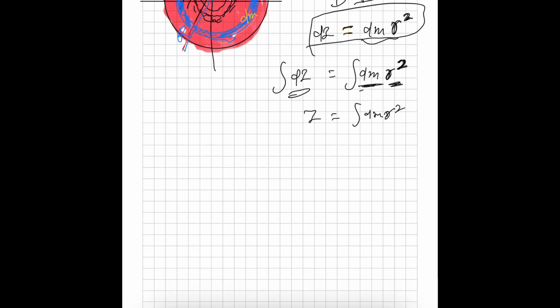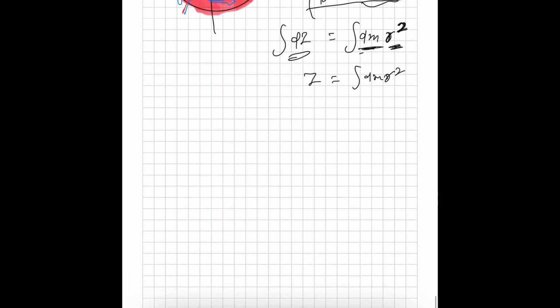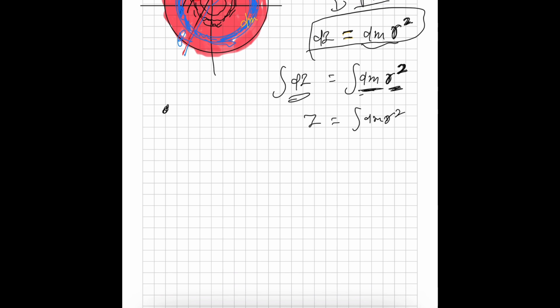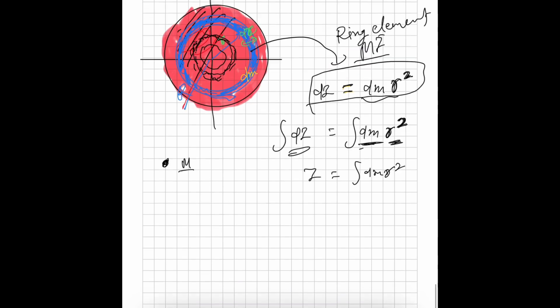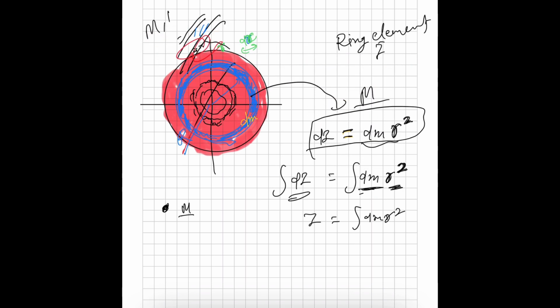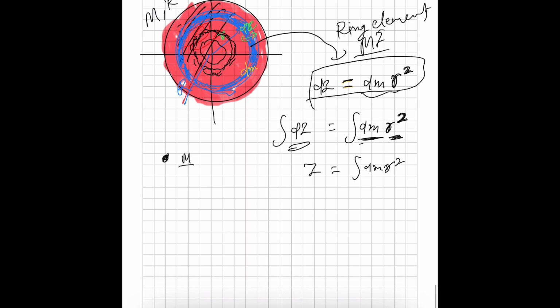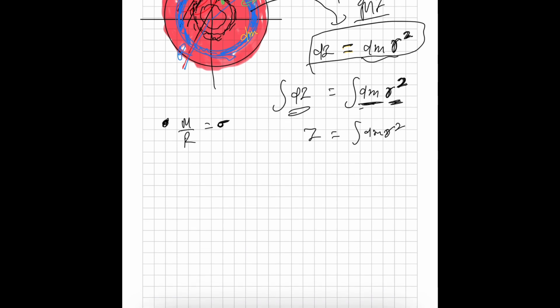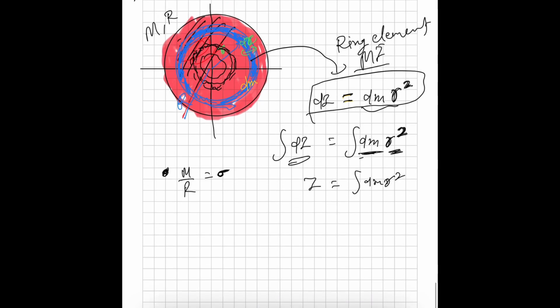So, say the whole mass of this disk is capital M, and the dimension is capital R. So we take the areal mass density, defined by sigma, equal to M by pi R square.